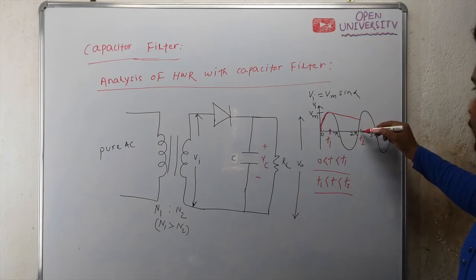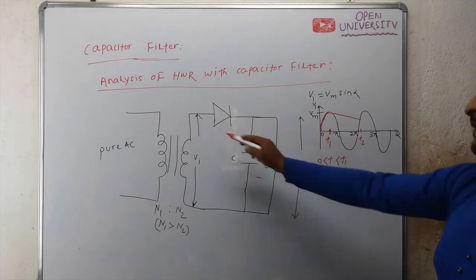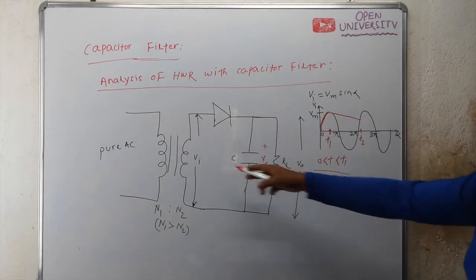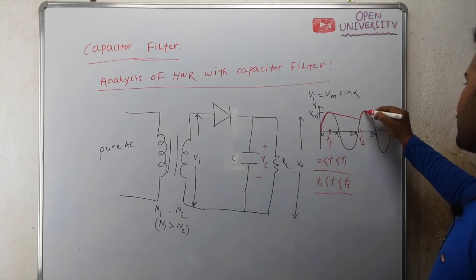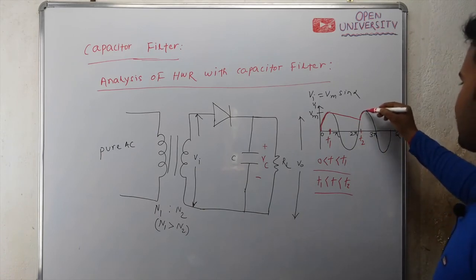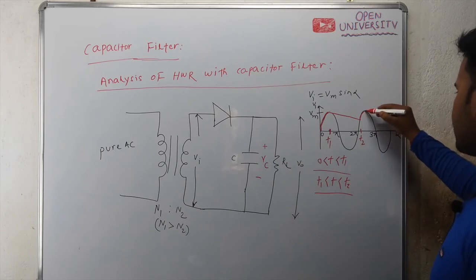Now when input voltage again exceeds the capacitor voltage, the diode will be forward biased. Again the capacitor will charge up to the peak input value. Then input voltage will decrease compared to capacitor value, and the capacitor will discharge through RL.